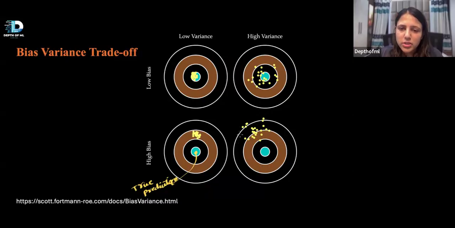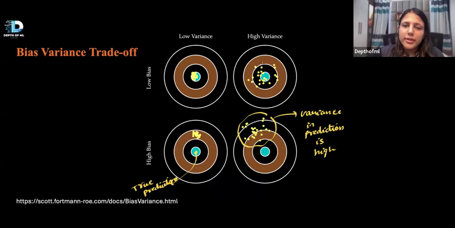Here you can see there is a lot of variance in the predictions, right? So the variance in the predictions is high. And here you can see that this is low variance. Similarly, here you can see that the values are scattered, but now it's paying a lot of attention, predicting very close to your original data values, right?